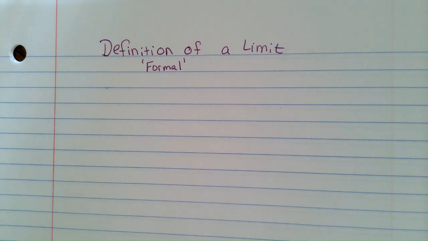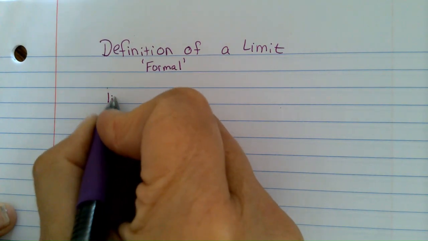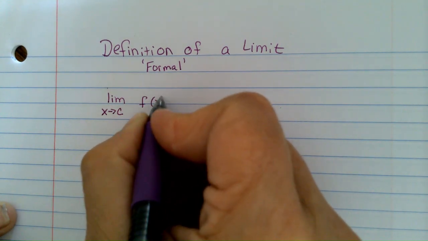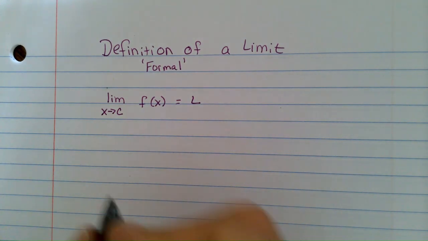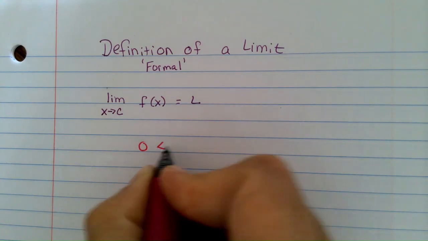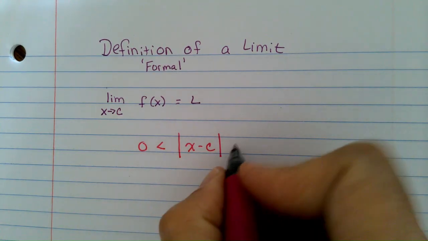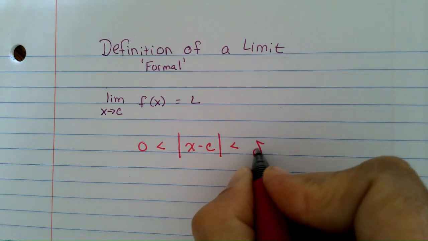So, the precise definition of a limit, and we're talking very, very formal, okay? In my previous video, you would have seen me talk about the limit as x approaches c of f of x equals L. Well, there's a little bit more to that, and that extra is 0 less than the absolute value of x minus c is less than, and I'm not the best at this, okay?